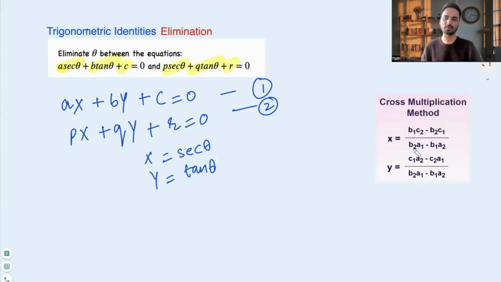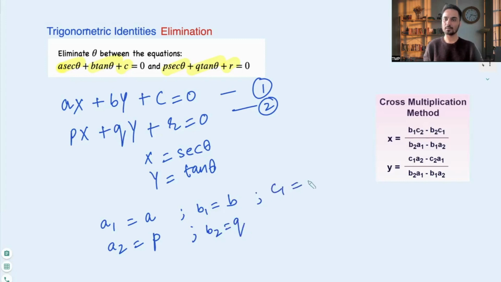The cross multiplication method gives us the values of x and y. So in the given equations, we have a1 as a and a2 as p, b1 as b and b2 as q, c1 as c and c2 as r.